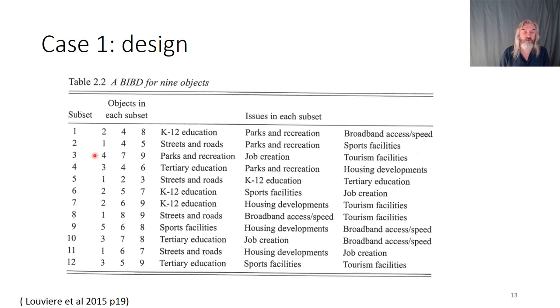Then, you don't want to have objects 2, 4, and 8. You actually have genuine objects, and this is one about locations. And you can see that object 2 is defined as K-12 education quality, 4 is parks and recreation, 8 is about broadband access and speed, and wherever we see 8, we're going to see here broadband access and speed.